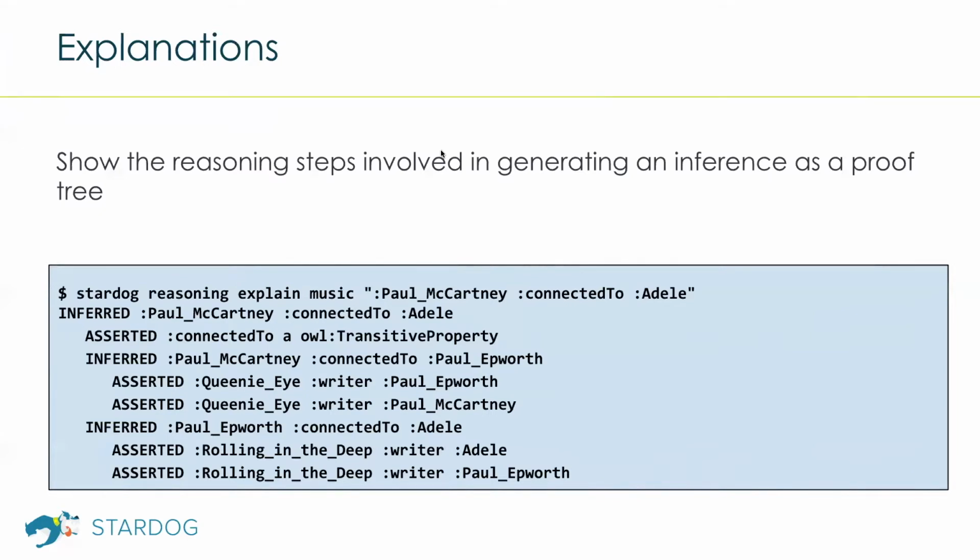Say, I know that these two people shouldn't be connected. Well, Stardog can tell you why it thinks they are, and that will help you see either there's some weirdness in the data or some weirdness in the ontology that caused Stardog to make an incorrect inference, and then you can fix it. Instead of just trying to go through yourself and figure out what's going on, it will just happily tell you.